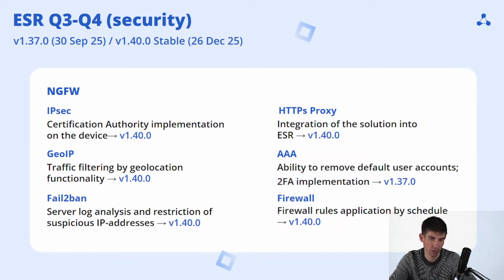Other features had a bit of a delay due to the stabilization phase, and are going to make their way to version 1.40. IPsec and the implementation of a certificate authority for getting certificates for encryption.